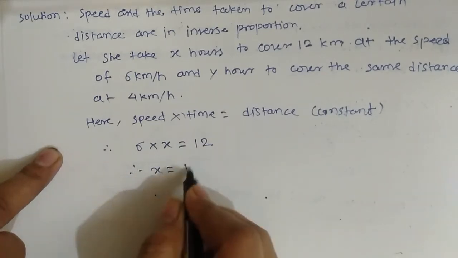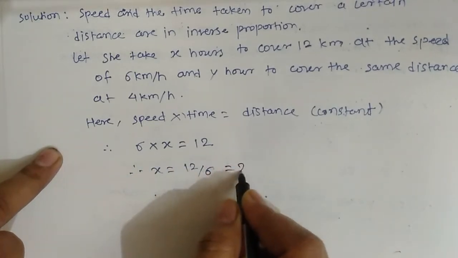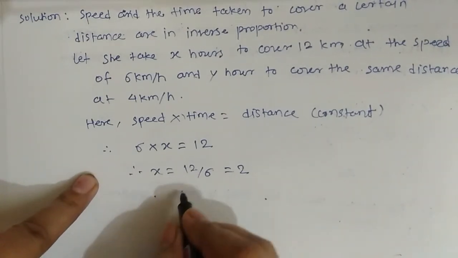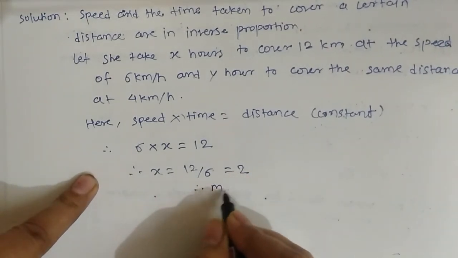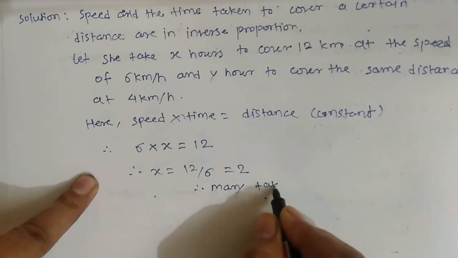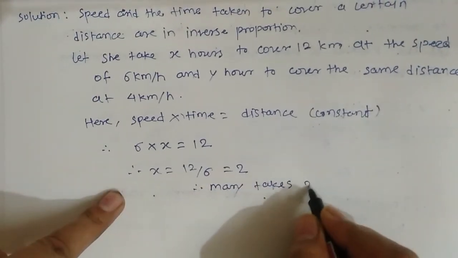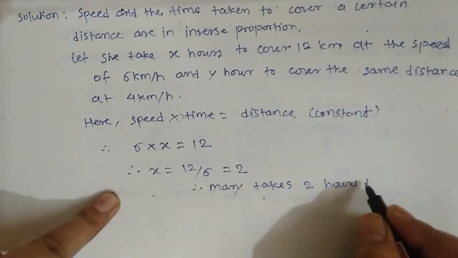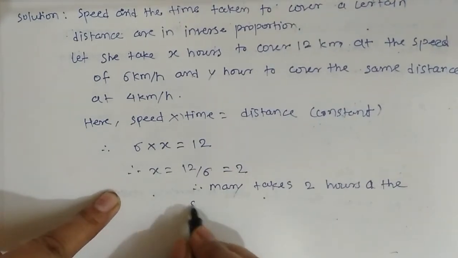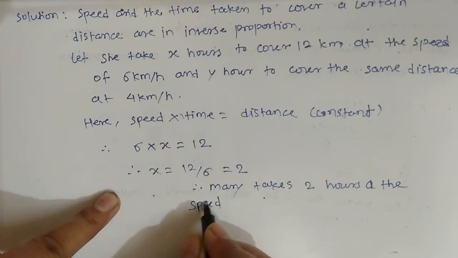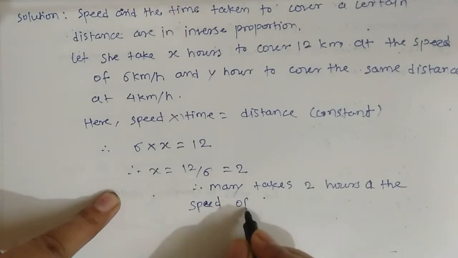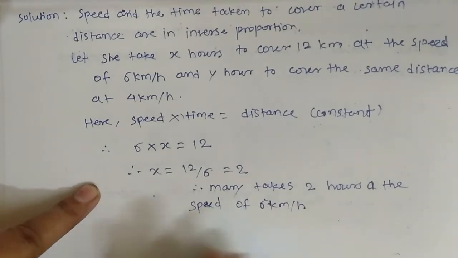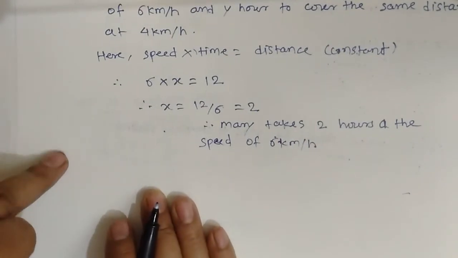Therefore x is equal to 12 divided by 6, it is 2. Therefore Mary takes 2 hours at the speed of 6 km per hour.